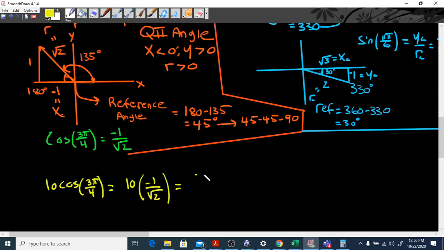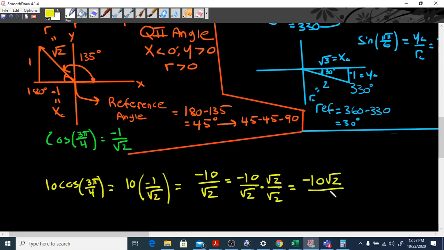Which you can write as negative 10 over square root of 2. But you can also write it this way, negative 10 over square root 2, and then we can rationalize the denominator by multiplying top and bottom by square root of 2 over square root of 2. And then that'll give me negative 10 square root of 2 on top over square root of 2 times square root of 2, that's square root of 4. Square root of 4 is regular 2. Negative 10 over 2 is negative 5. So I get negative 5 square root 2.